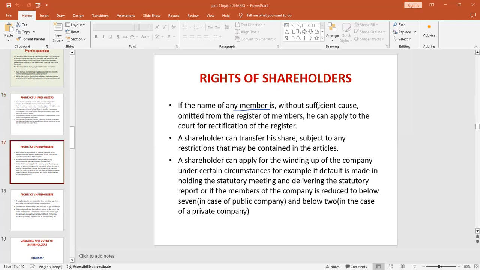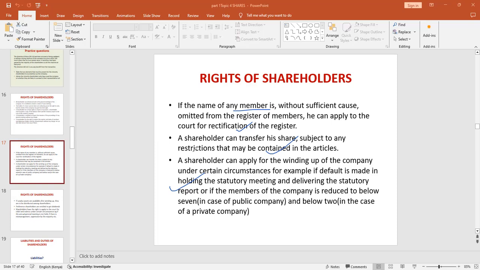If your name has been omitted in the register, you can apply to have that corrected. Again, that's a right one has, okay? They can transfer their shares. So we talked about transfer of shares. They can apply for a petition for winding up of a company. Again, these are their rights.